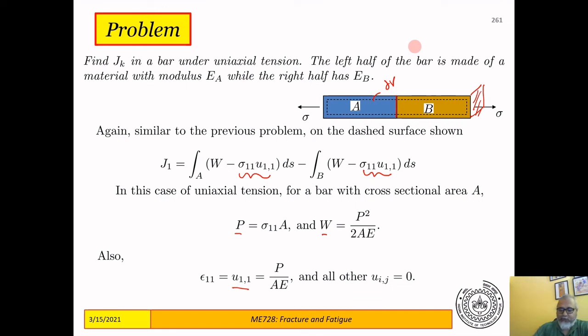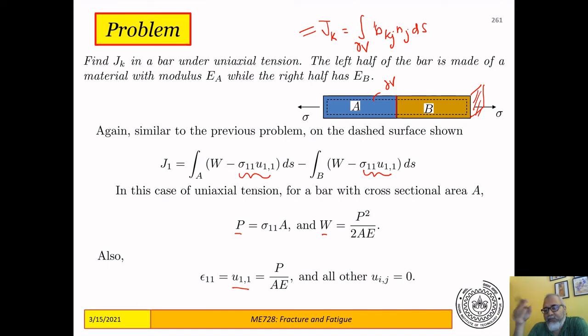So what we have shown basically is that this quantity Jk, which is defined on the basis of the energy momentum tensor, is sensitive to discontinuities in the displacement.